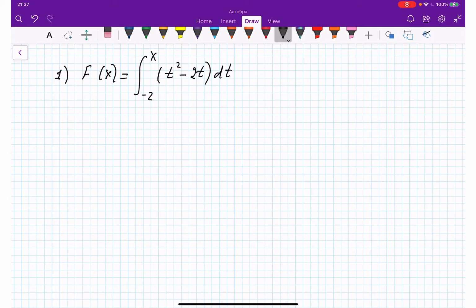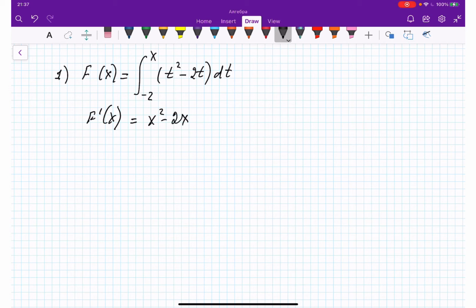All right, this is going to be equal, using the second fundamental theorem of calculus, f prime of x is going to be equal to x squared minus 2x.